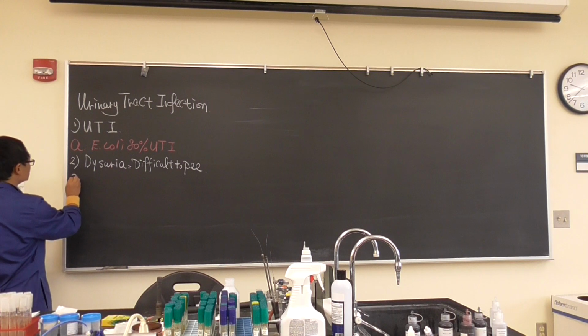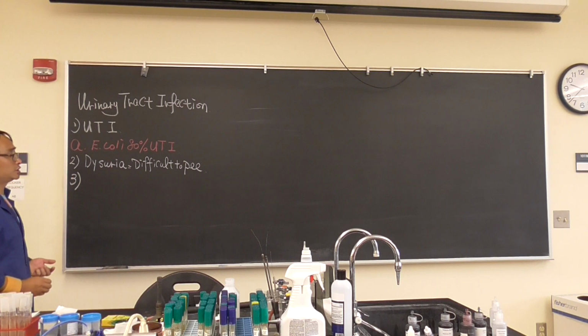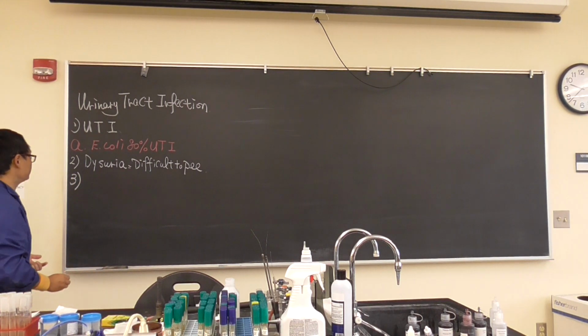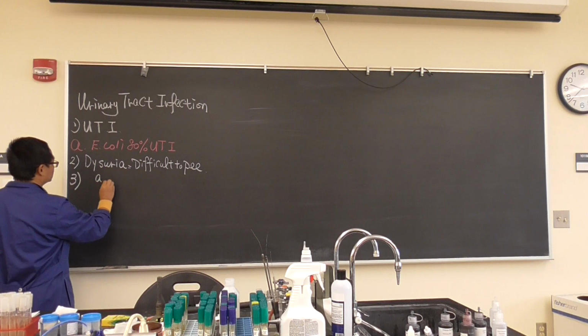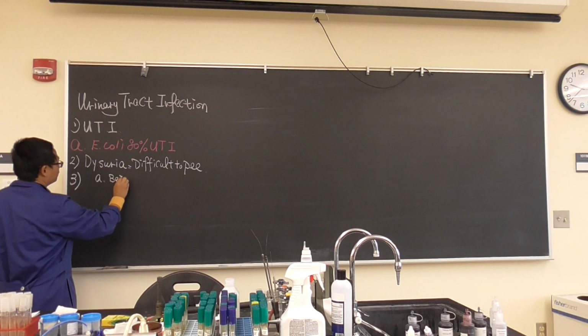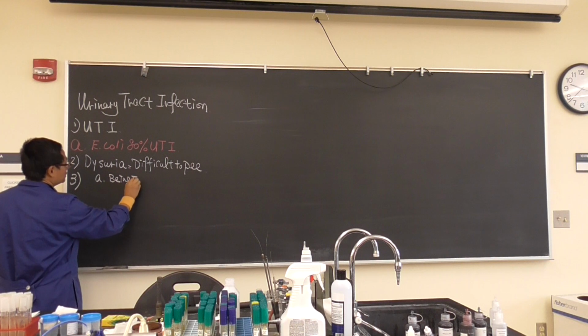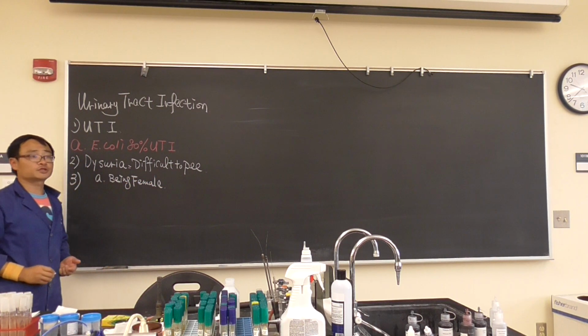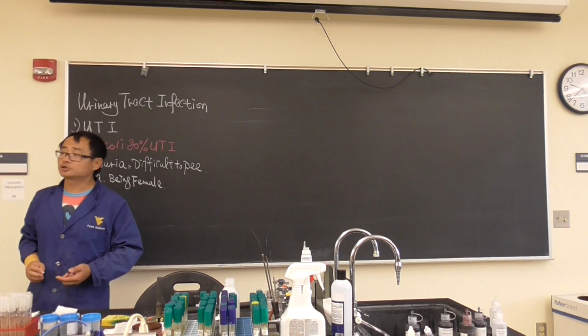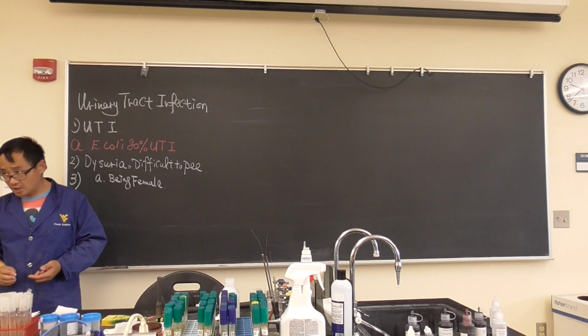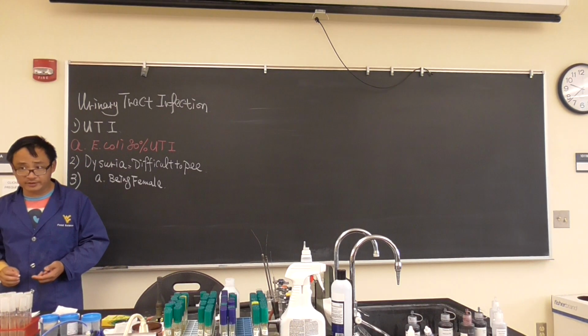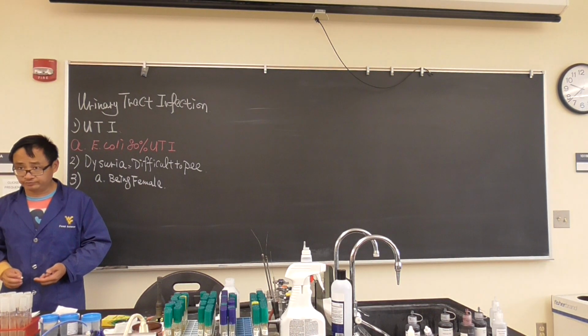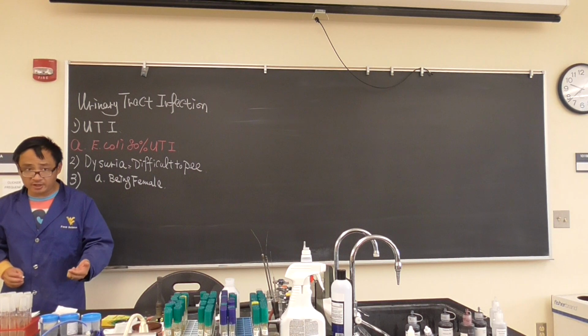Now, what are the reasons that cause UTI? There are a couple of reasons. Number 1, very unfortunately, being female. Being female, the risk will be 3 to 10 times higher than a male, because the urinary tract of a female is very short.